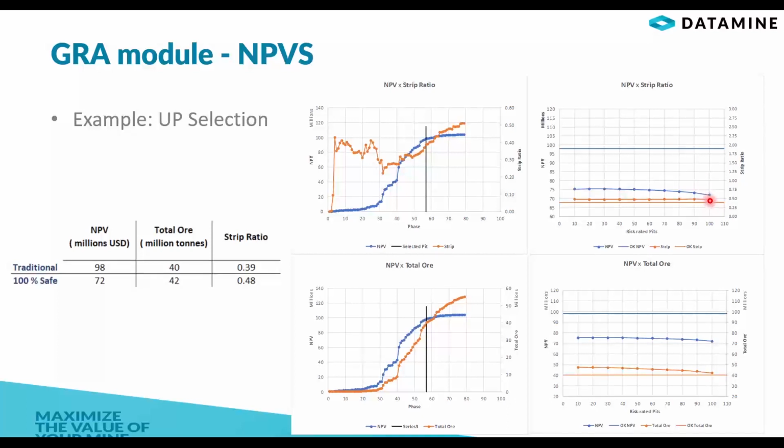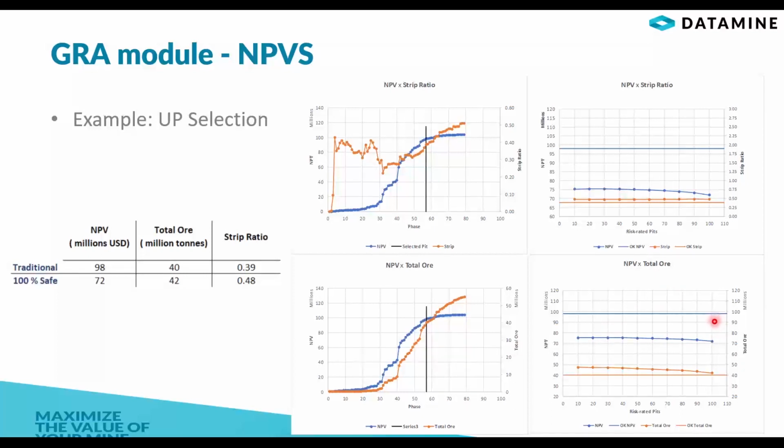The difference between the strip ratio is not too much. It's very close to each other, the 100% safe pit and this ultimate pit I have selected here. The same occurs for the total ore. The NPV is lower, and the total ore is quite the same as this here.